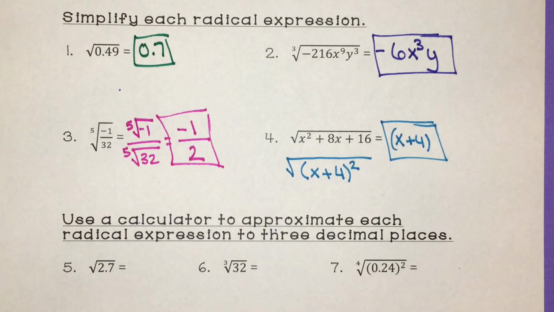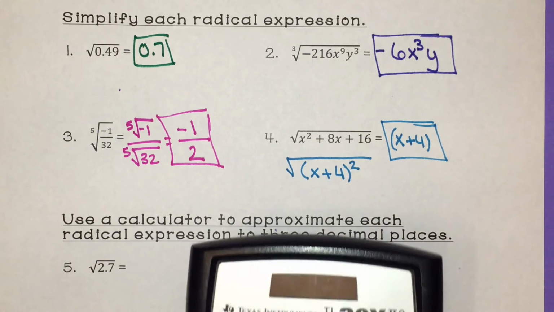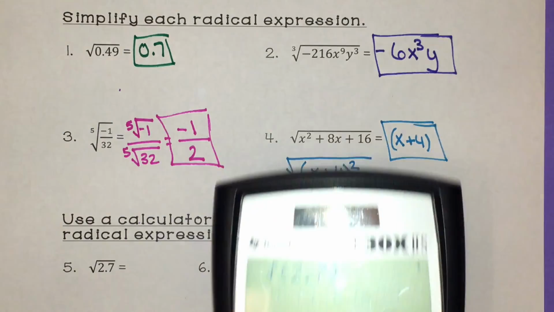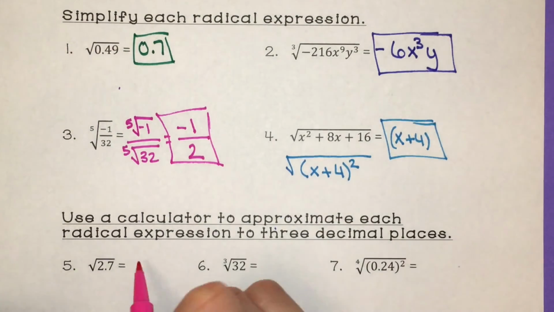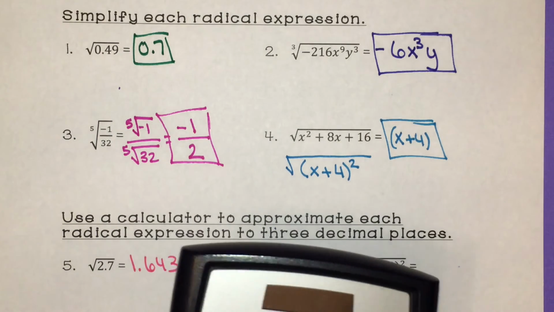All right, then the last part. The square root of 2.7 is 1.643, and we have the cube root.